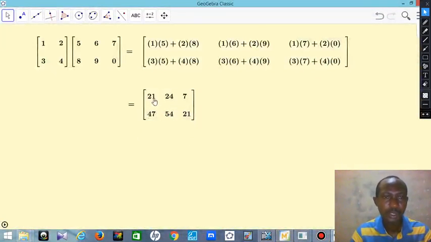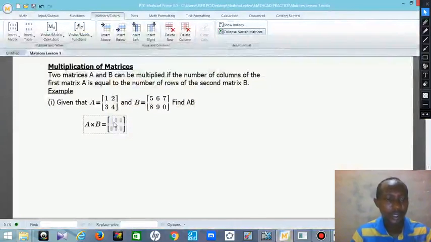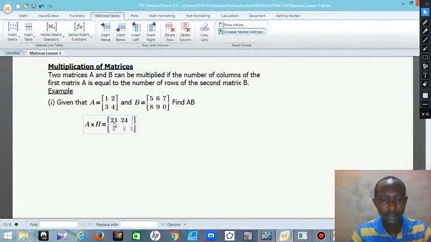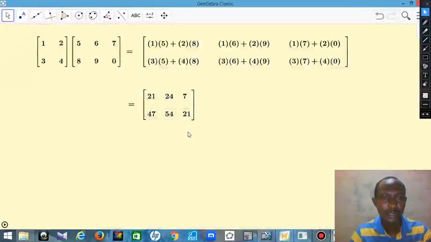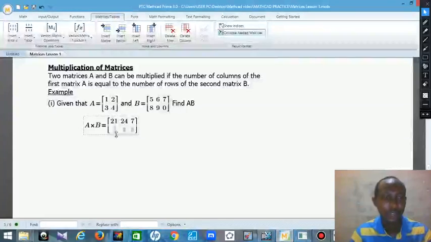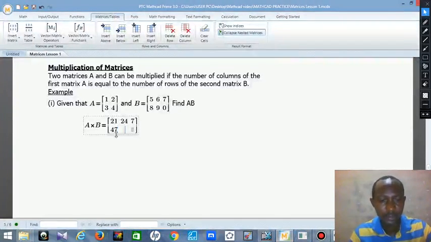Final answer is going to be 21, 24, 7. Then the last row is 47, 54, 21.